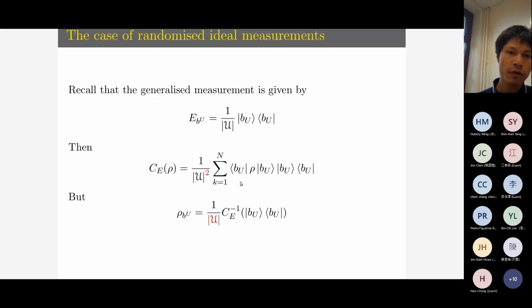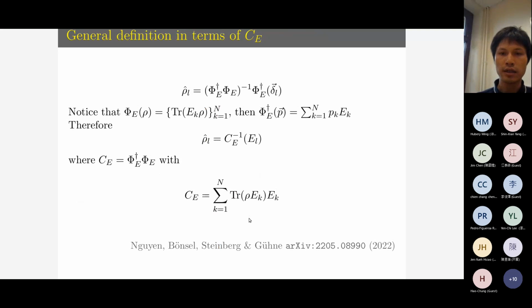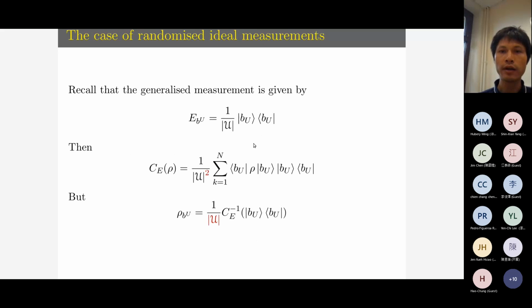In fact, this is not exactly the formula that you had before in the framework of randomized measurement, because you have a factor of 1 over U sitting here. However, when you compute the shadow of rho, you have to take the inverse and act on the E_k, that is, on the effect. And the effect has one more factor of U, which cancels exactly, and therefore you get exactly the same formula as before. Therefore, it coincides with the formula before for the shadow.